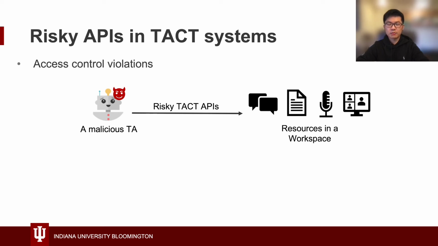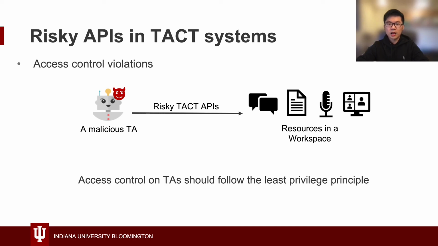For example, a malicious team chat app can use the risky APIs to access the resource created by a victim, although the resource is only allowed to be accessed by the victim. To avoid this security risk, we think access control on team chat apps should follow the least privilege principle.